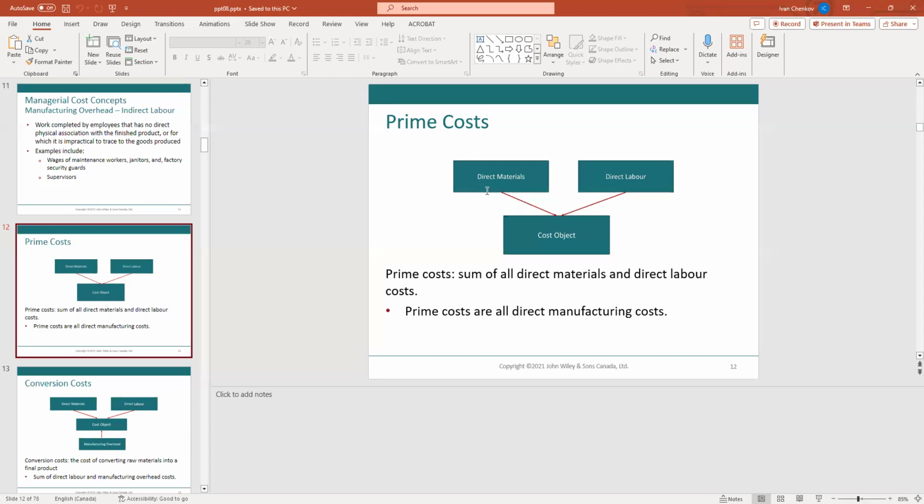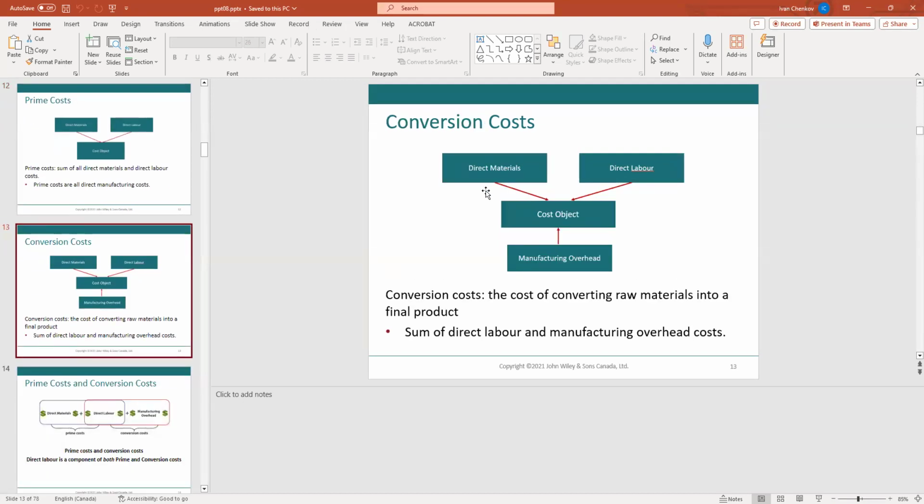Again, remember, direct material is first, direct labor is second. Prime means first. The second classification is that once we take direct labor and manufacturing overhead, we're going to call those two costs conversion cost, because direct labor and manufacturing overhead convert the raw material into the finished product.